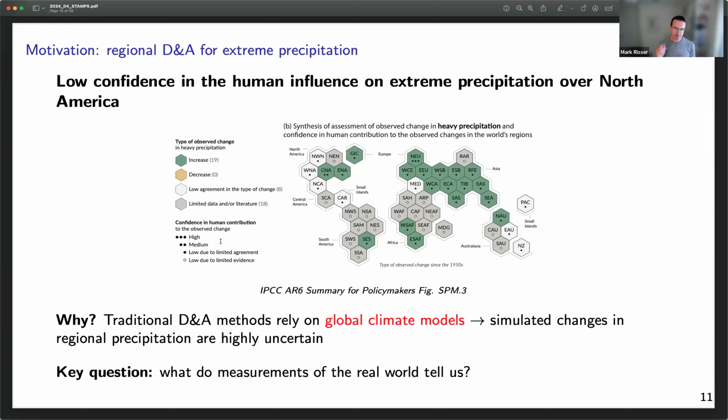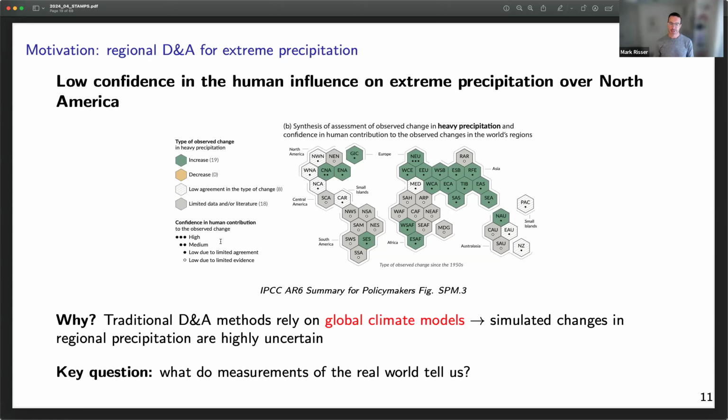The main reason for this is that, as I was just saying, traditional ways of doing detection and attribution rely on these global climate models, and for good reason. They're our only tool for doing this experimental exploration of how the Earth system might be changing. But of course, global climate models are just a model, so they're good at some things and not as good at other things.